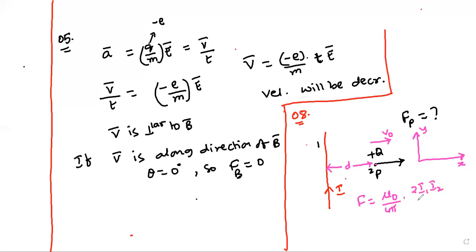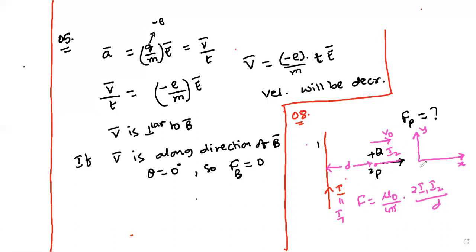2 I1 I2 by d. I1 means I, and I2 with respect to this charge. Correspondingly, we are having a current; suppose let us consider I2.